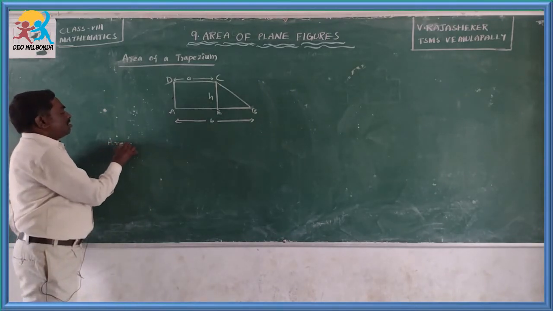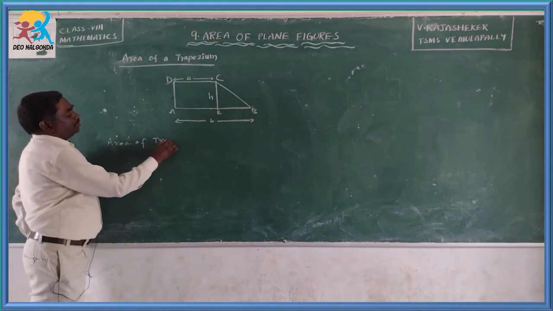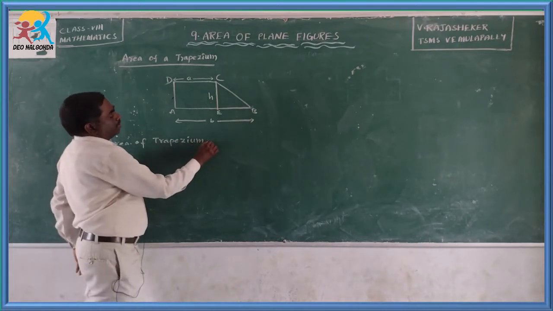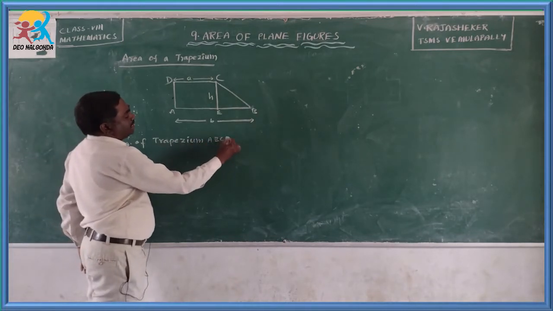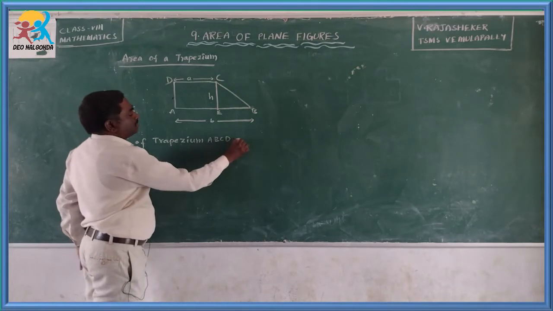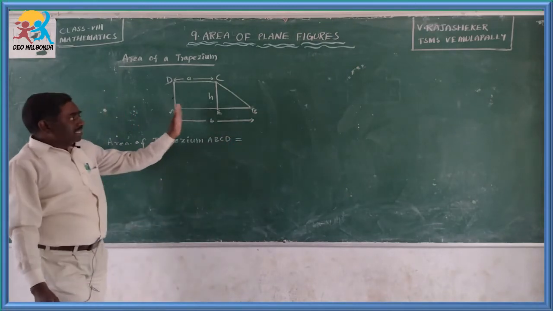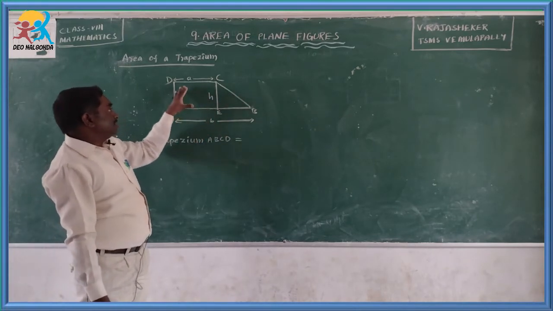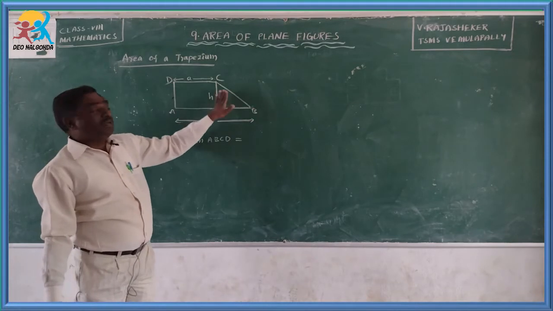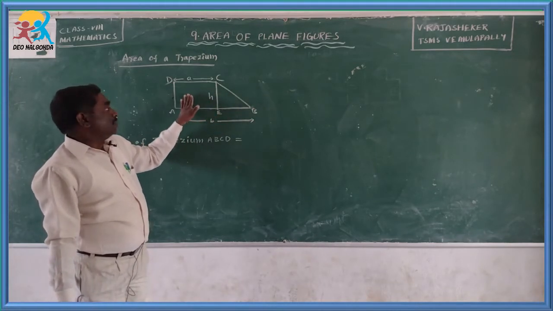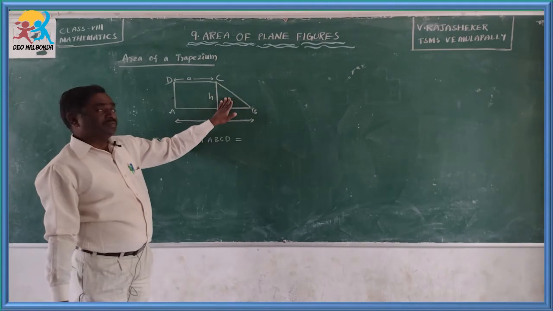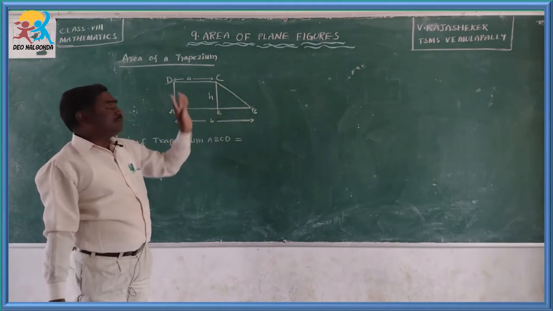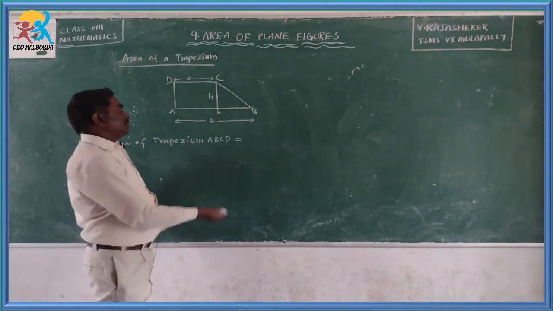Now the area of trapezium ABCD is equal to, so this whole picture is divided into two parts, one is a rectangle, one is a triangle. Finding the rectangle plus triangle, we get the area of trapezium ABCD.